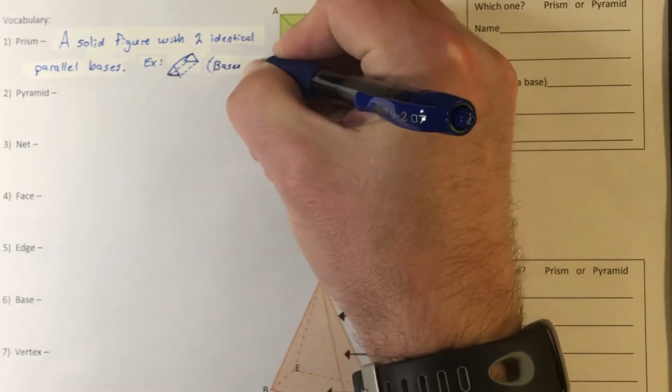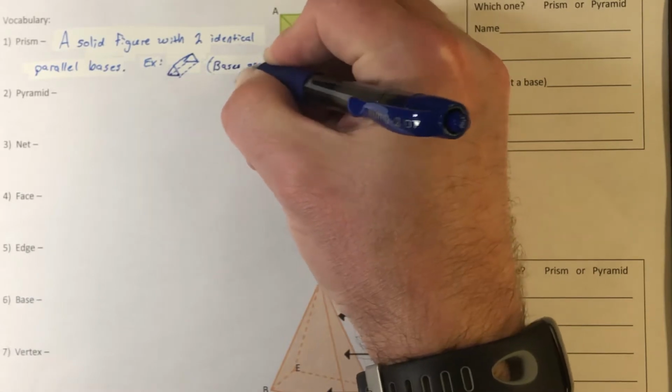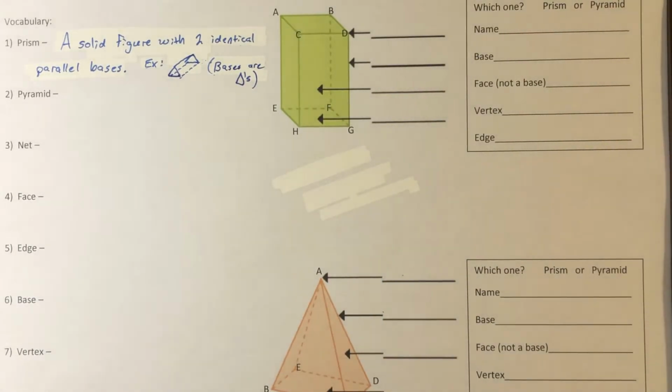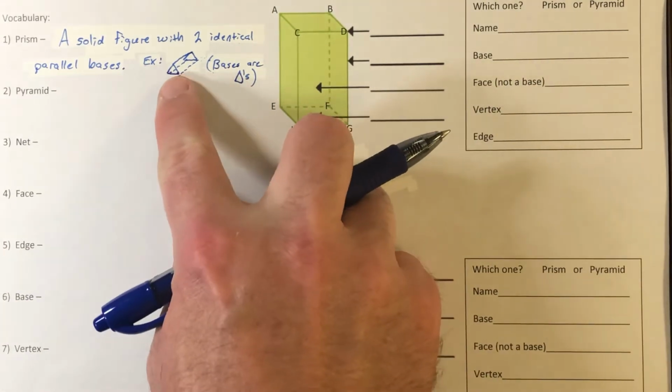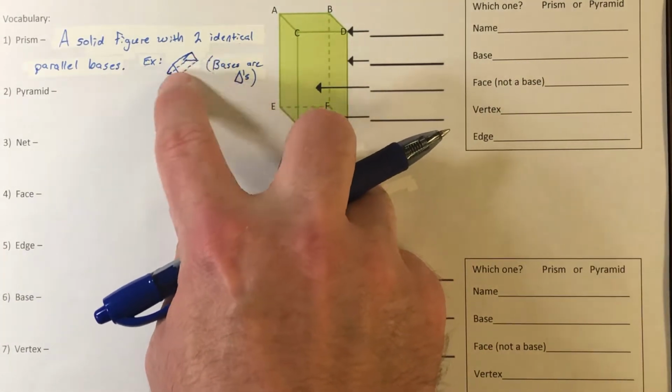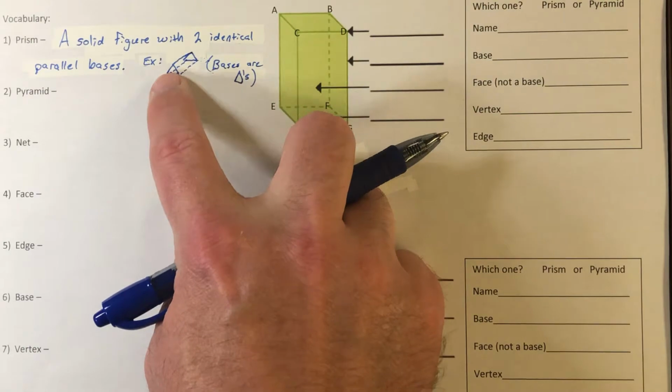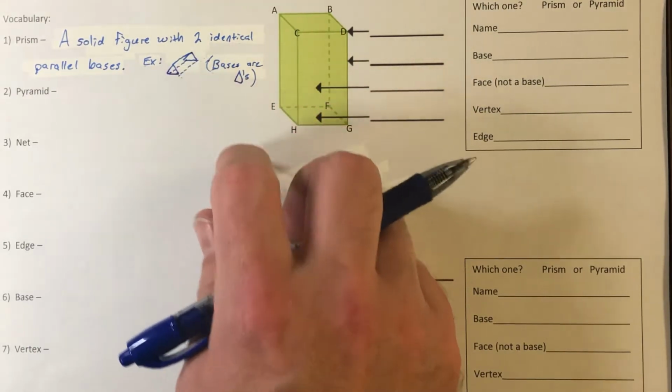The bases are triangles. And we need to make sure that when talking about prisms, we don't necessarily assume base means bottom. Because as I've just told you, the bases on this particular solid are the triangles, not the rectangle.